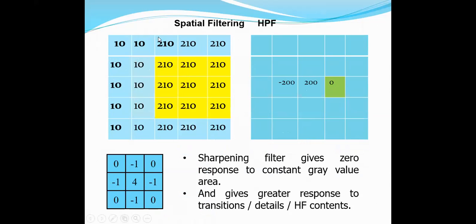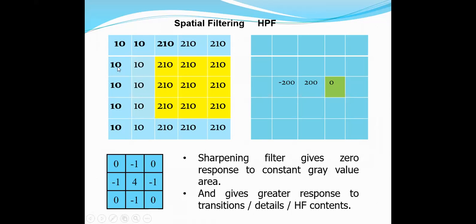Okay, so when we apply this sharpening filter on the given image, for the central row we are getting results as minus 200, 200 and 0. So from this, we can conclude that whenever there are transitions in gray values, we are getting greater amplitude.